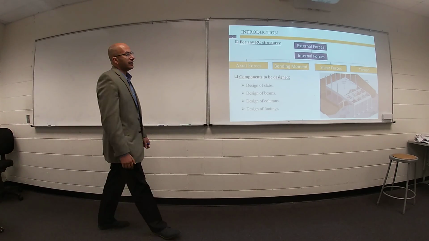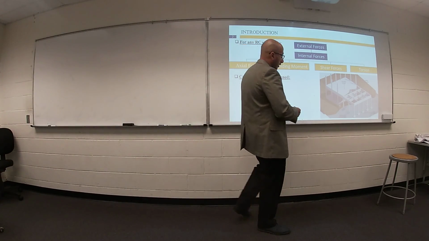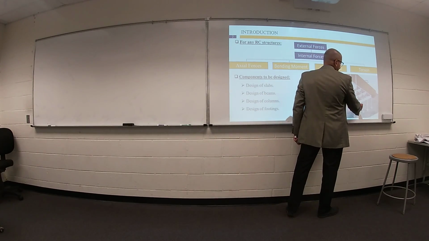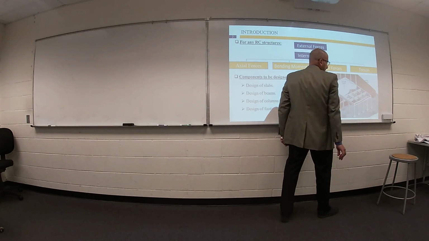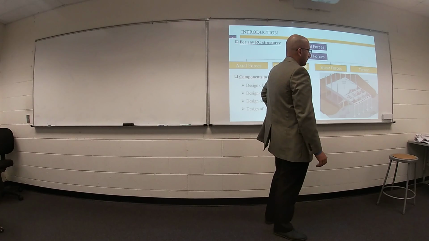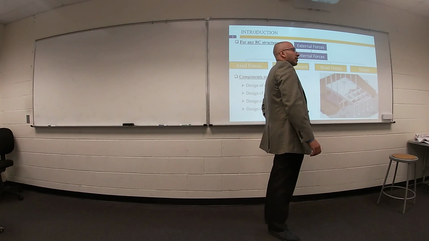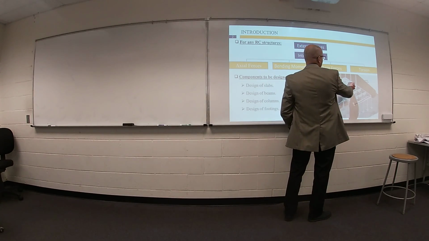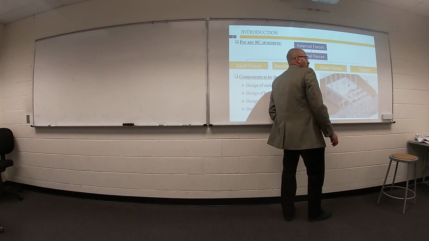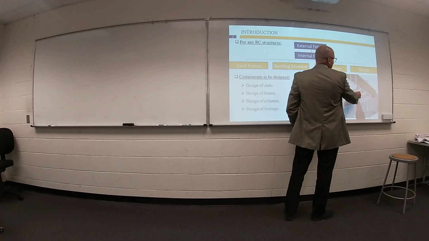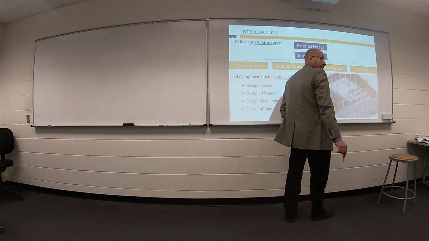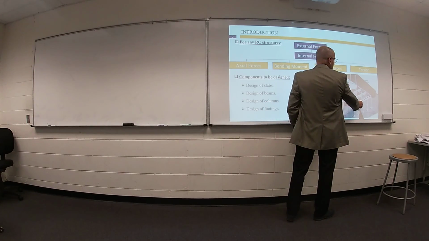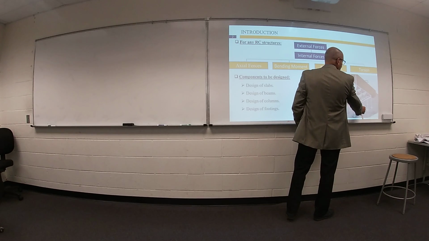From structural analysis, this girder is supported by what? We covered this point before in structural analysis, I believe. Your load is coming to the slab, that's right? Your slab is supported by beams. Your beams are supported by columns.